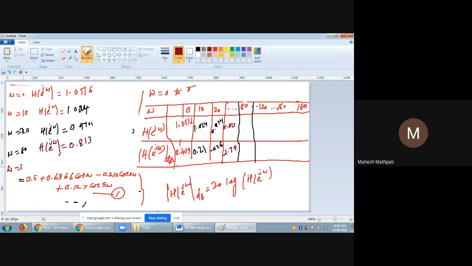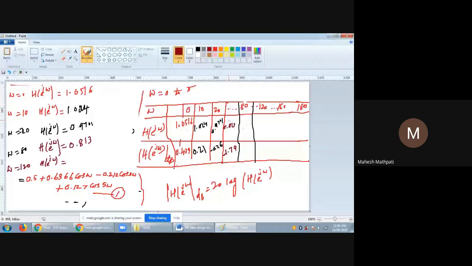Omega equals to 120. Calculate its value. H of e power j omega, which will be equals to... sorry. So this is at 80 ना. तो फिर यहाँ पे 80 लिखता हूँ डायरेक्ट.